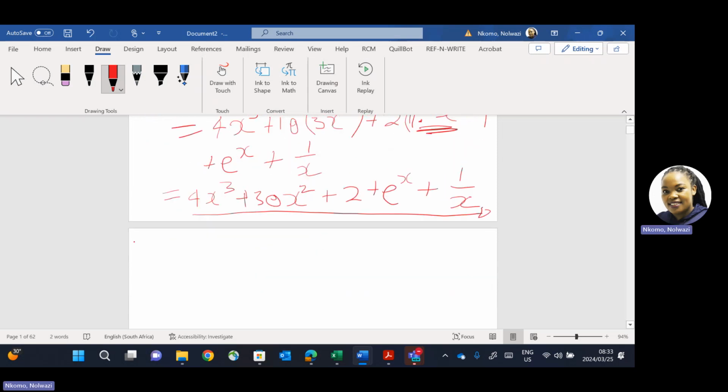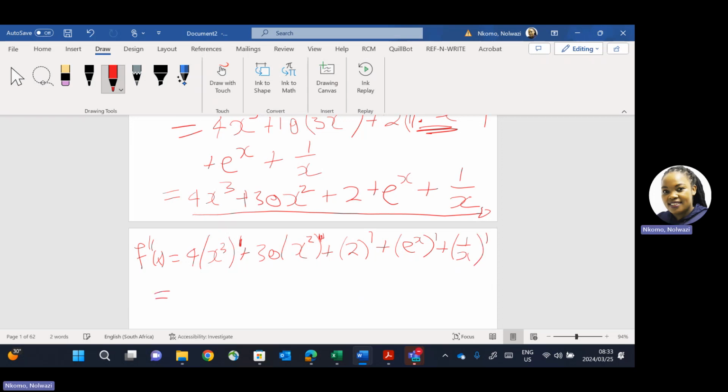So, okay, f prime prime of x is equal to 4 times x cubed prime plus 30 times x squared prime plus 2 prime plus e to the power x prime plus 1 over x prime, right?